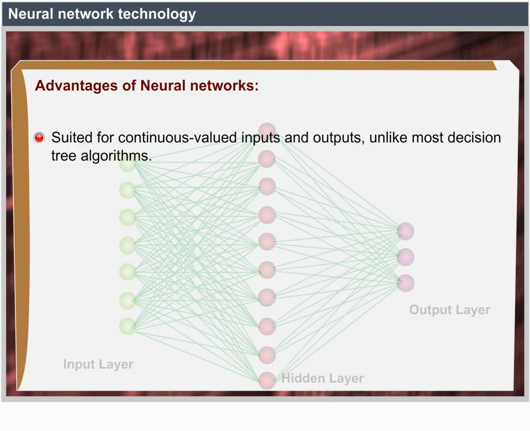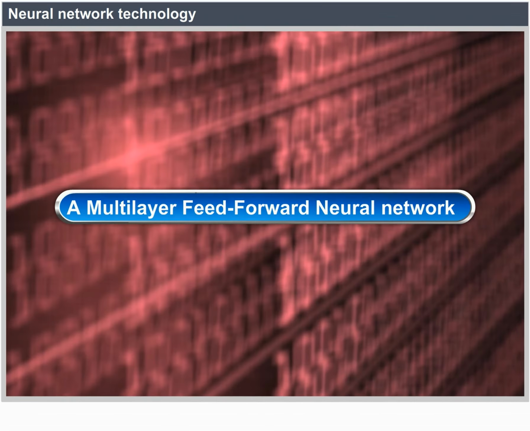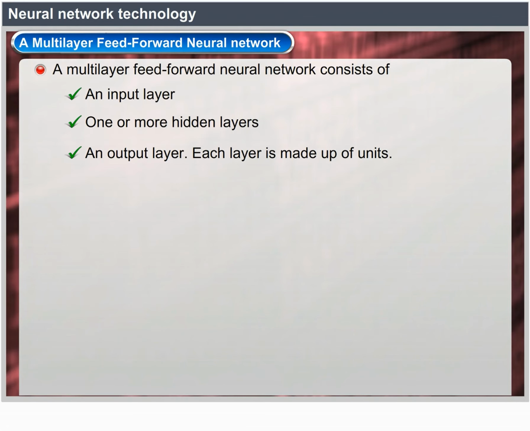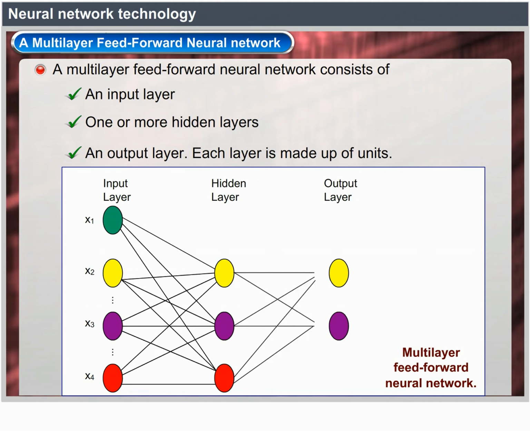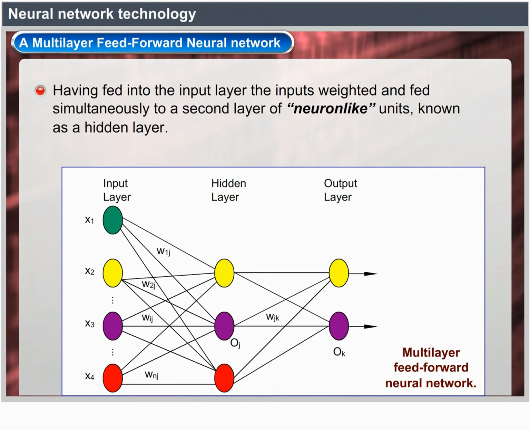A multilayer feed-forward neural network. A multilayer feed-forward neural network consists of an input layer, one or more hidden layers, and an output layer. Each layer is made up of units. The inputs are fed into the input layer and are then weighted and fed simultaneously to a second layer of neuron-like units known as a hidden layer.